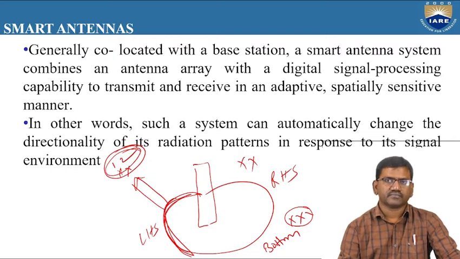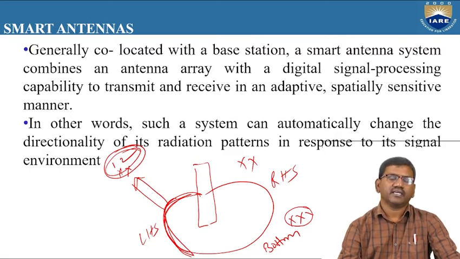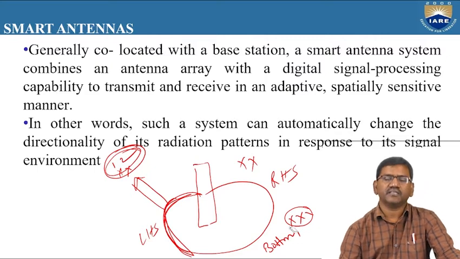This has been developed in the smart antenna system. That means even if the number of users increase, how to use the bandwidth effectively, how to use the available spectrum, and share the spectrum equally to all the users around the antenna. So let us go to the smart antenna. This is the major problem currently in the conventional antenna.